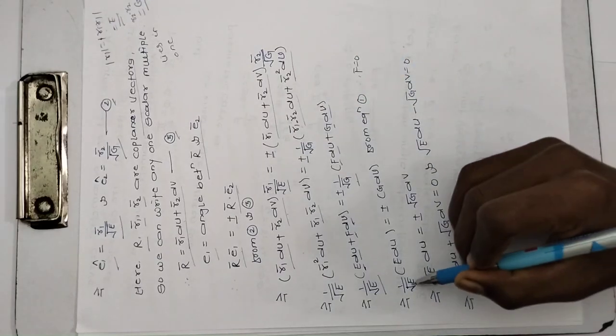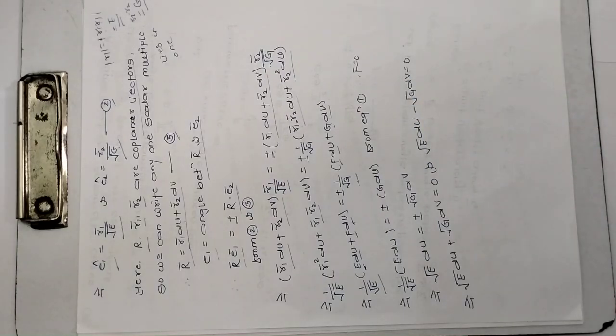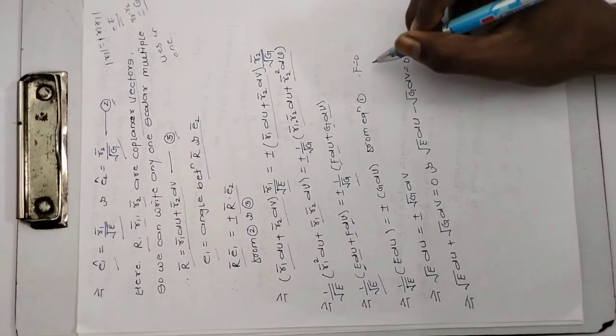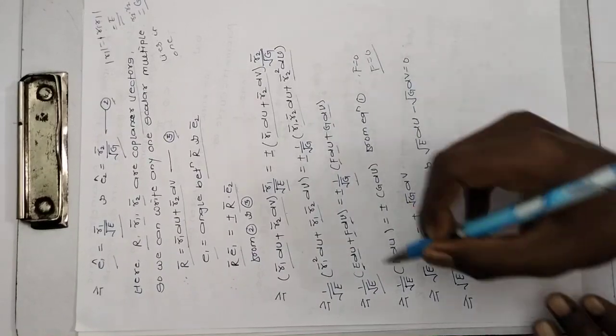So 1 by under root E, and by the fundamental coefficients the value of F is equal to 0. So put F equal to 0 here.